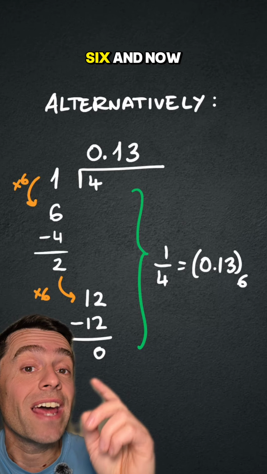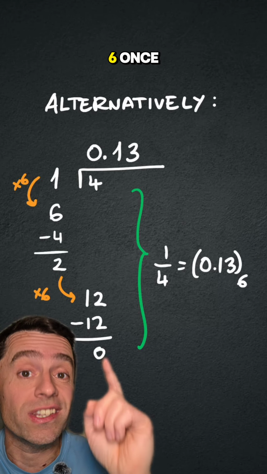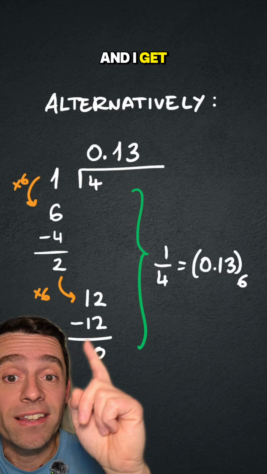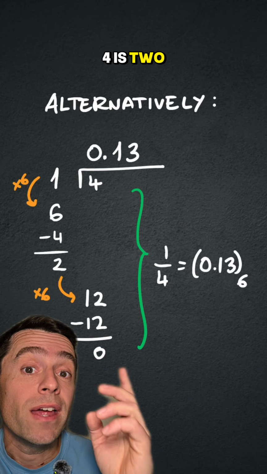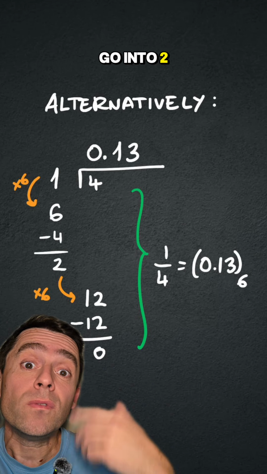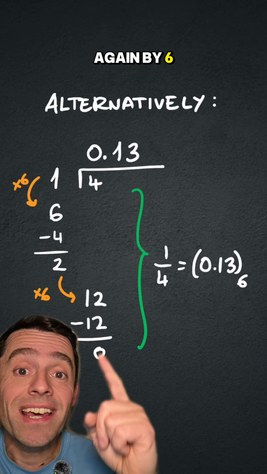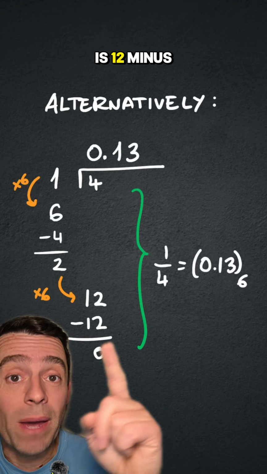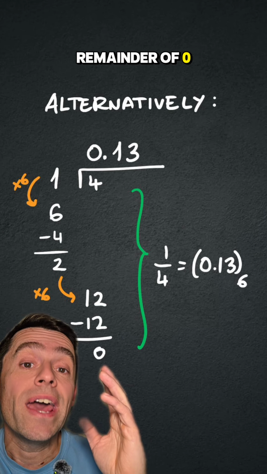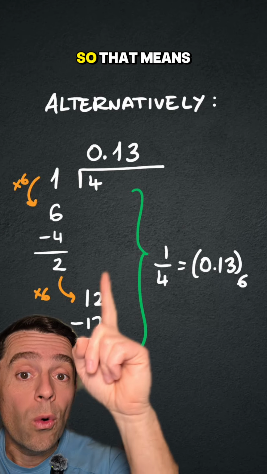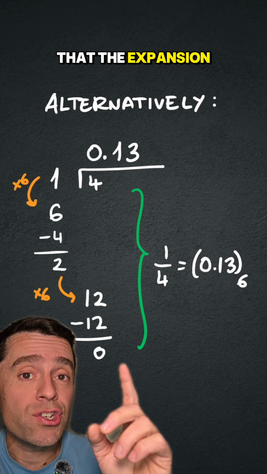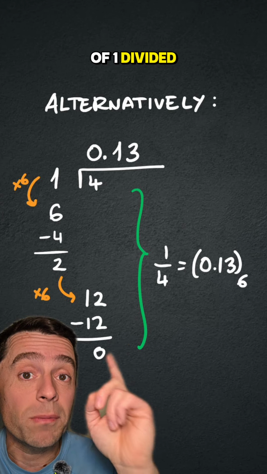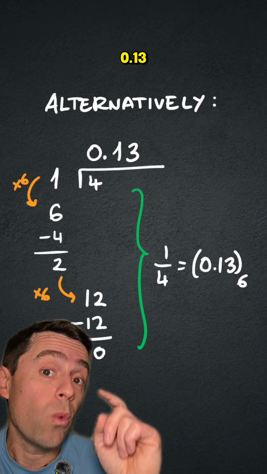So I get 6, and now 4 goes into 6 once, and 6 minus 4 is 2. Now 4 doesn't go into 2, so I multiply again by 6, I get 12. 4 times 3 is 12, minus 12, I get a remainder of 0, and the division stops. So that means that the expansion in base 6 of 1 divided by 4 is 0.13.